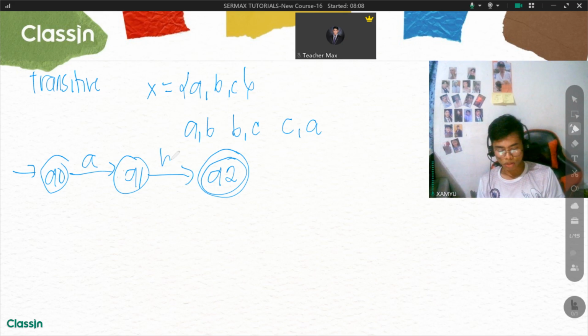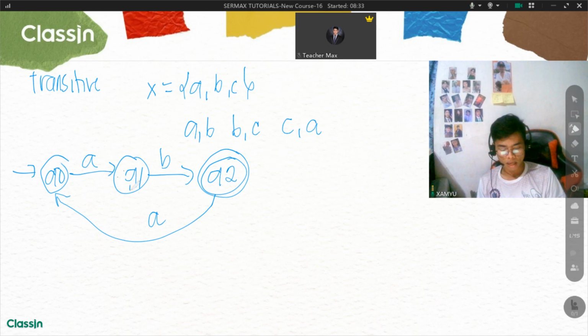There must be a relationship as well. This is the relationship wherein we have input B. And for that one, Q2 must return to Q0, which, for example, could be A as well.